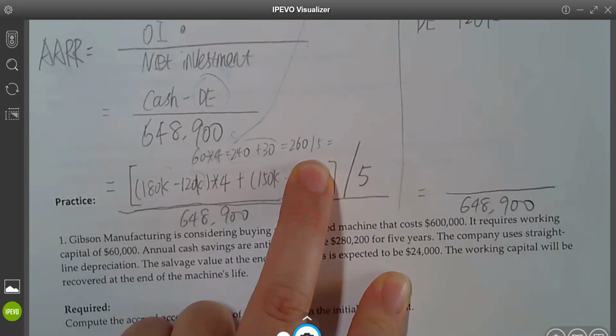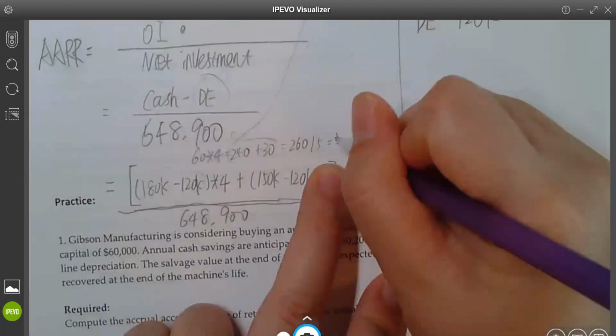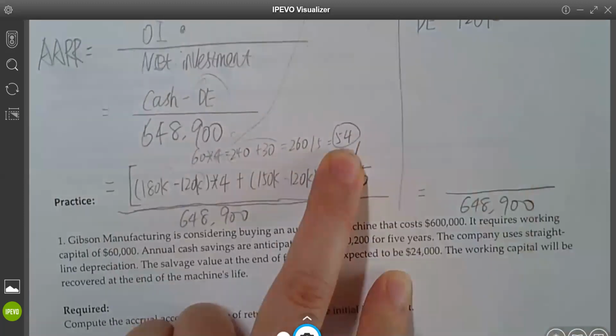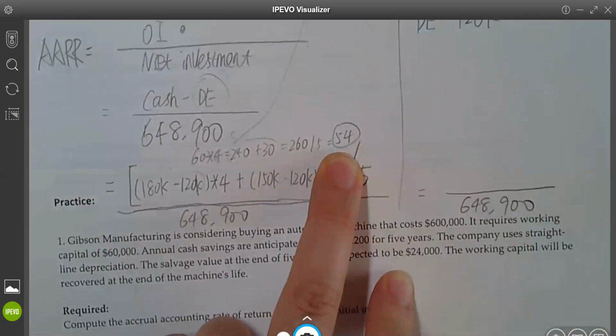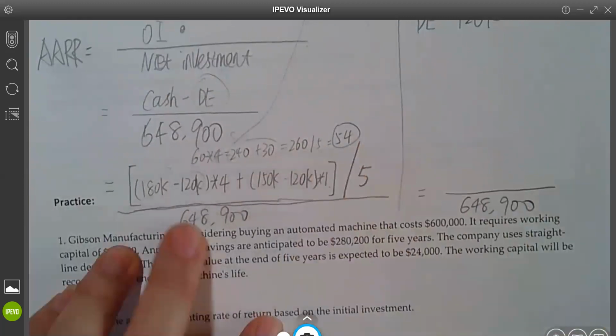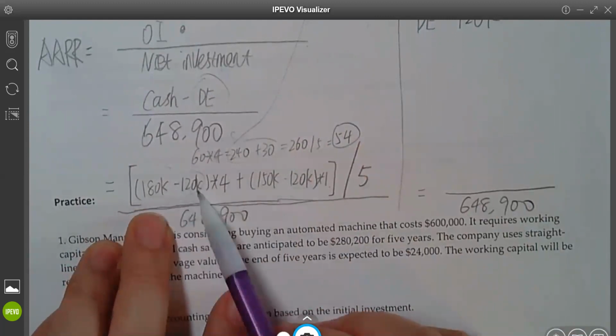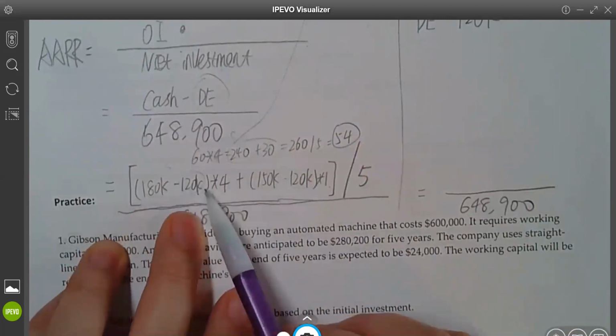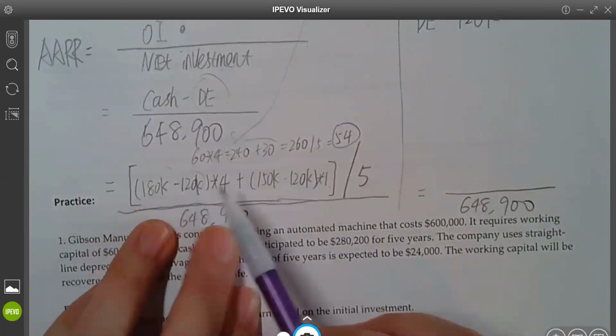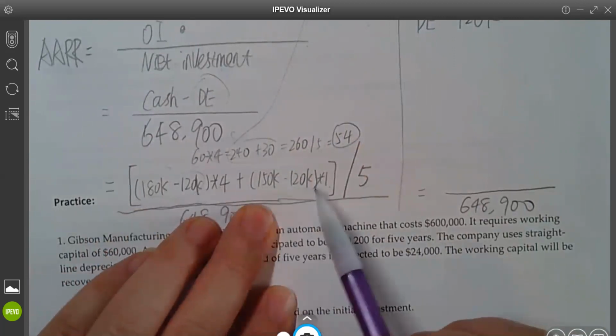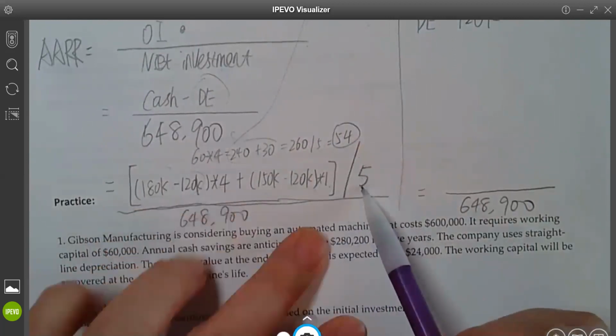Okay, so your numerator will be 54 for every year. The way I did it here is I use operating income minus the depreciation, and then I times 4 for the first 4 years. I do this for the fifth year. I add them, and I divide by 5.